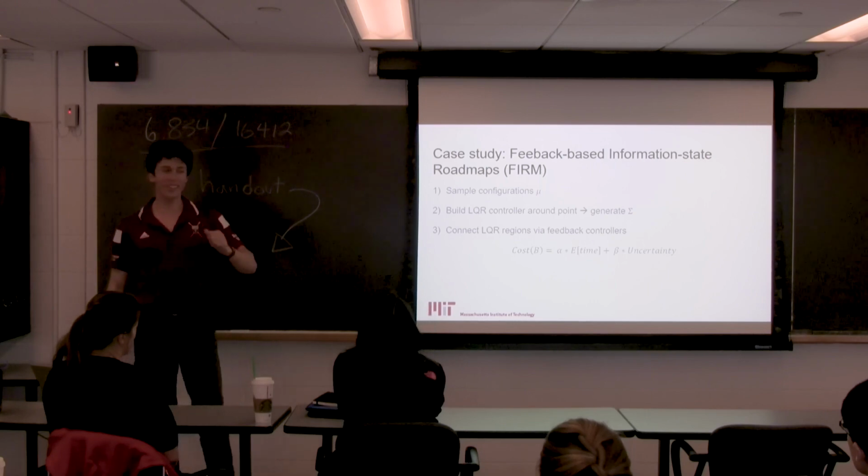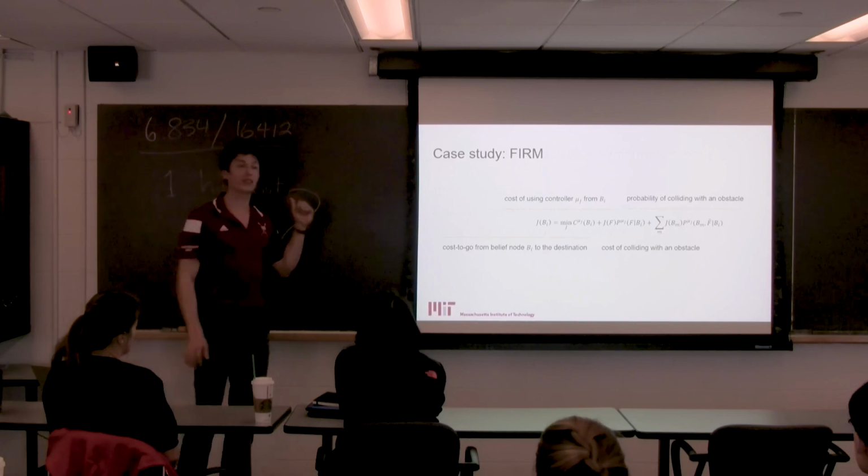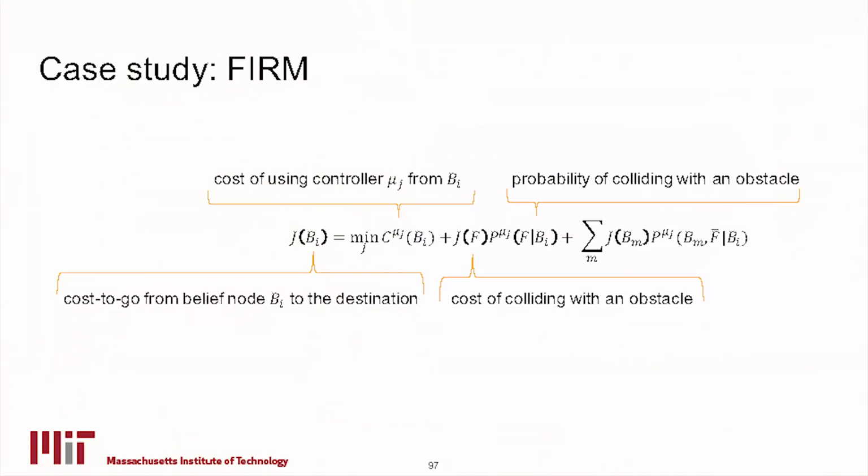All right, the one detail that I'm really going to go into for Firm is the cost equation, which is based on the Bellman backup equation that we had. The cost to go, the expected cost from a belief state, is, well, you're going to take the best action, so you're going to take the min of this whole thing.